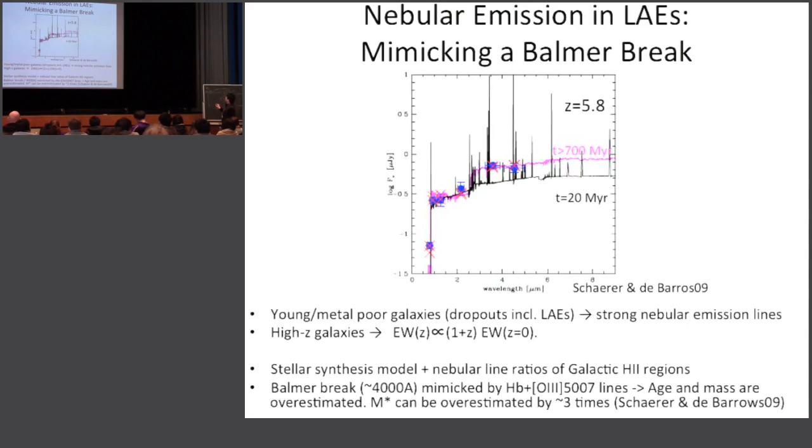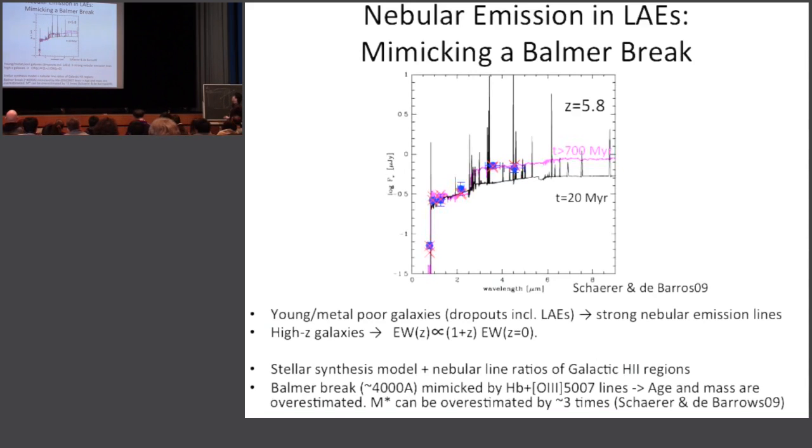This is an example of a redshift 6 galaxy shown by Daniel Schaerer and Stéphane de Barros. The observed photometry is shown in red. If you use a simple stellar synthesis model, you obtain a very significant Balmer break.